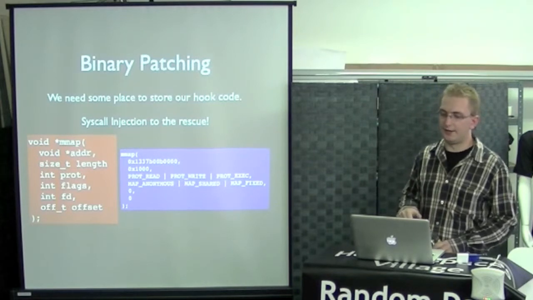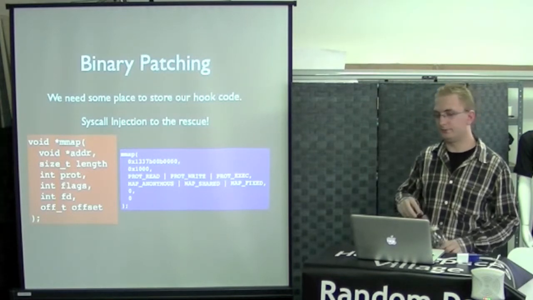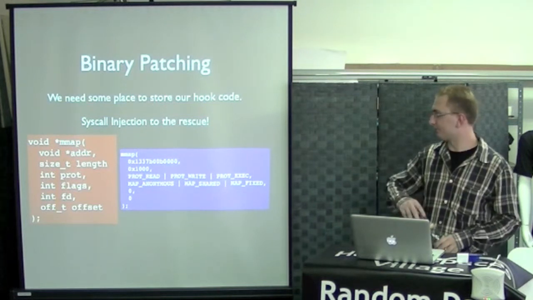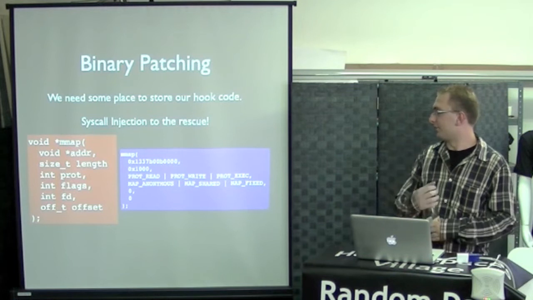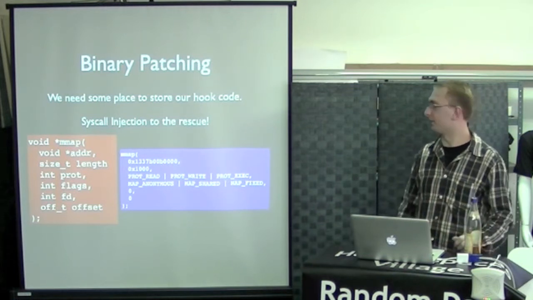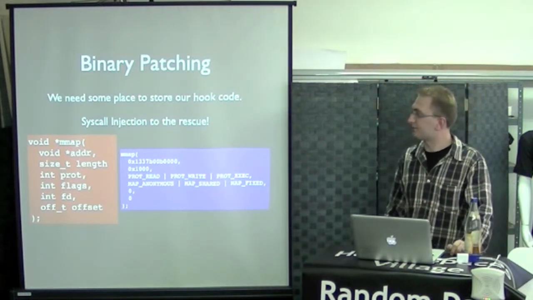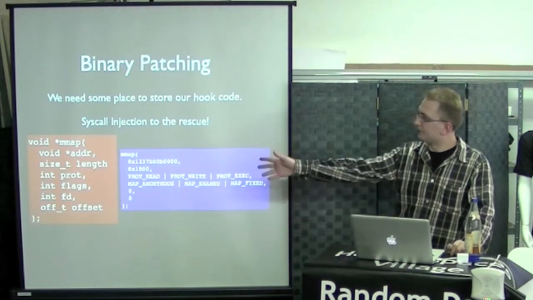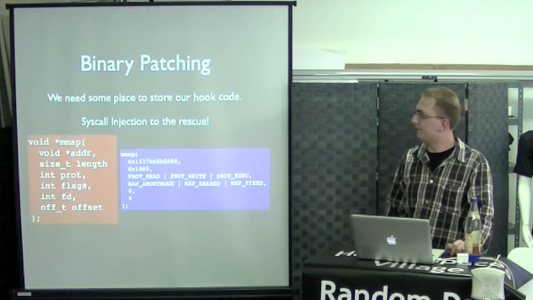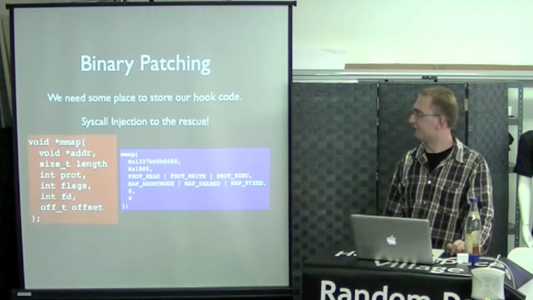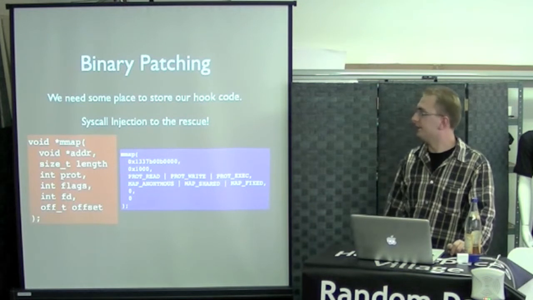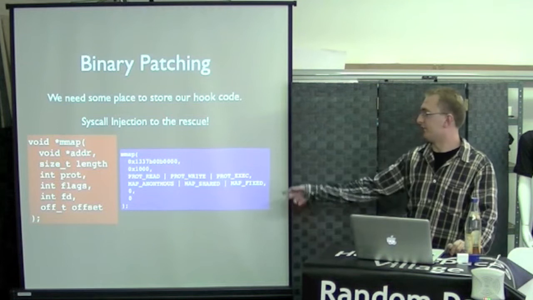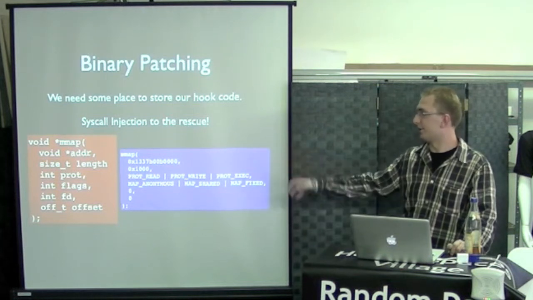So this is where the mmap syscall comes in the story. Using mmap, you can create a new memory mapping, dynamically allocate some memory inside the process. On the left you see the prototype for the mmap function, and on the right we see an example of how you would invoke it. In this case we're going to try and map a page at offset 0x1337000.